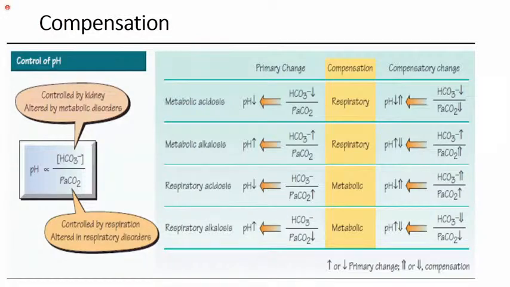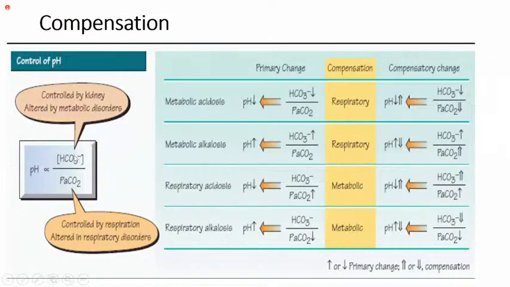So it is trying to compensate, but pH is still outside the normal. Let's look at some of the compensatory mechanisms. We go back again. You're going to see this formula over and over today. pH is directly proportional to bicarbonate, but inversely proportional to CO2. When the problem is primarily a bicarbonate issue, bicarbonate, remember, is mainly controlled by the kidney.